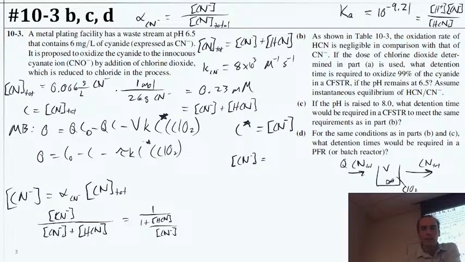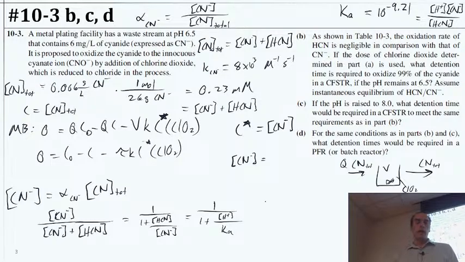And now we can relate this to our Ka equation. If we divide both sides by H plus, then we have Ka over H plus is equal to Cn minus over HCN. We flip that, that'll be HCN over Cn minus. So this would be the same as saying 1 over 1 plus the H plus over the Ka.